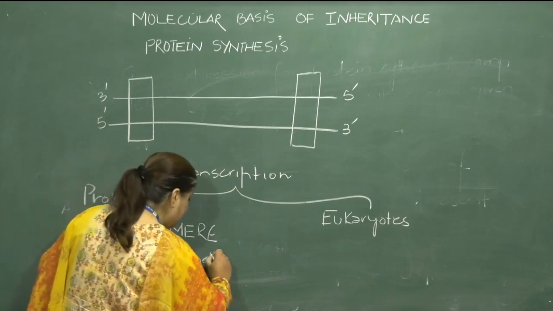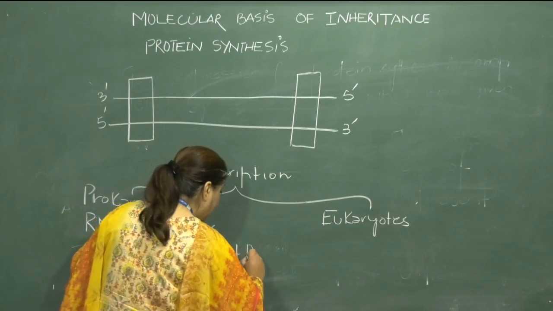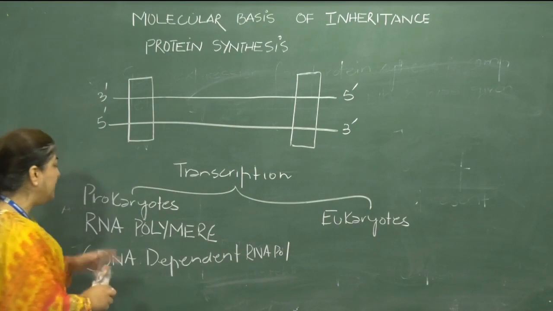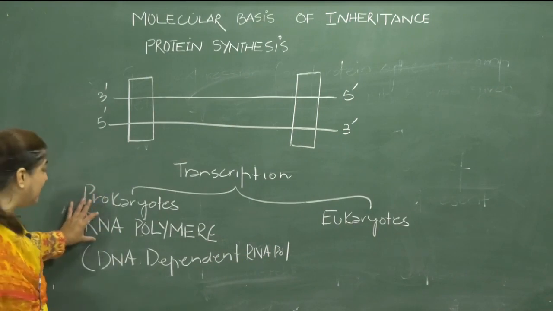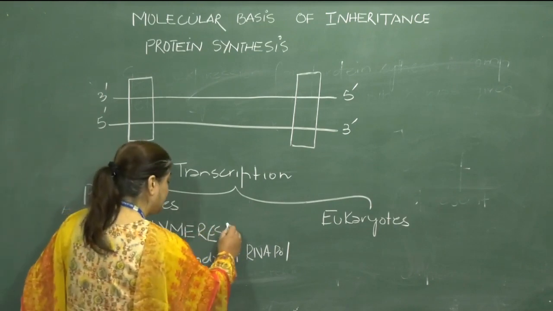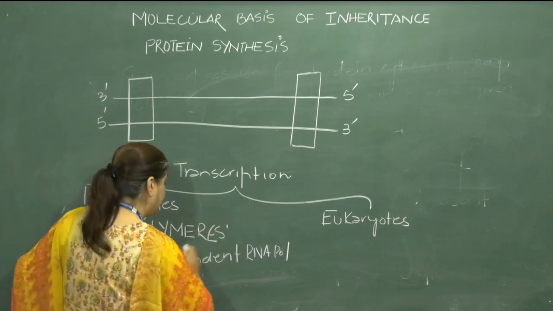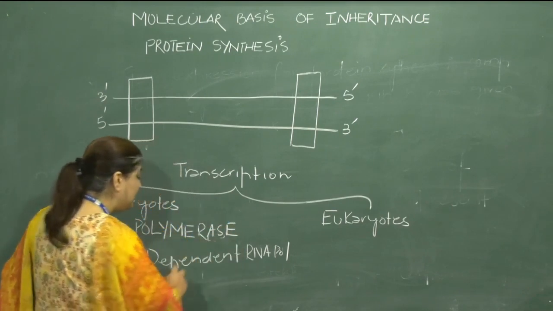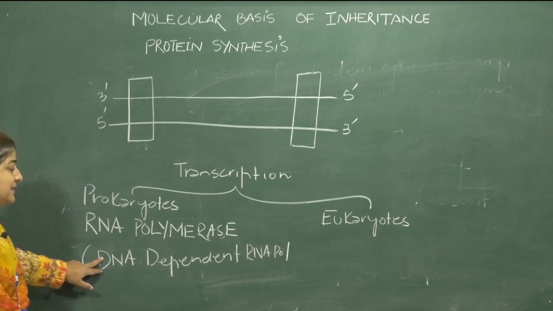In prokaryotes, there is only one enzyme, that is the RNA polymerase.